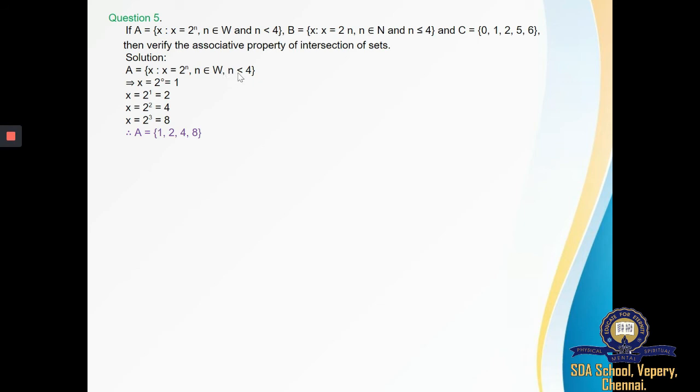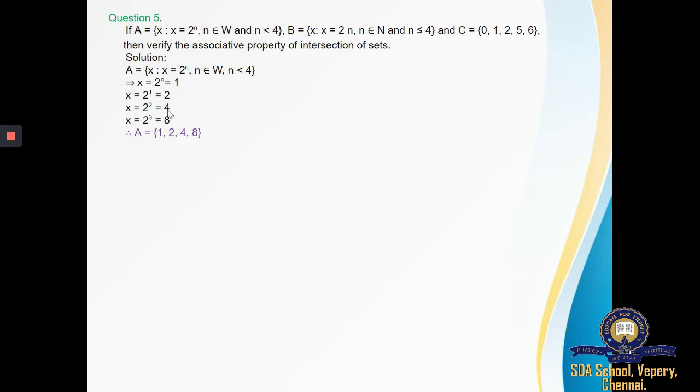And it ends before 4, right? Why? Because there is no equal to symbol over here. So my 4 is not included. So it ends before 4, right? So what does my small n stand for? It stands for 0, 1, 2 and 3. So I have to substitute n as 0, 1, 2 and 3.